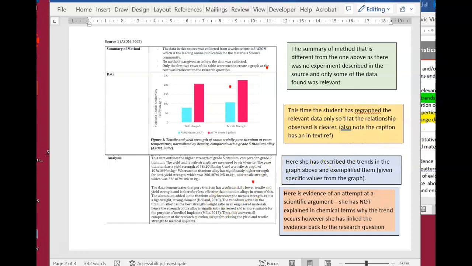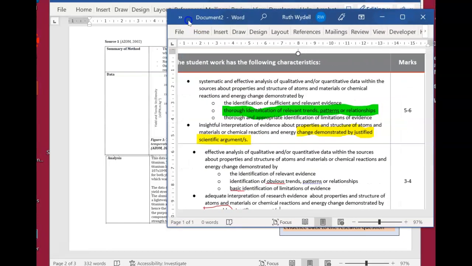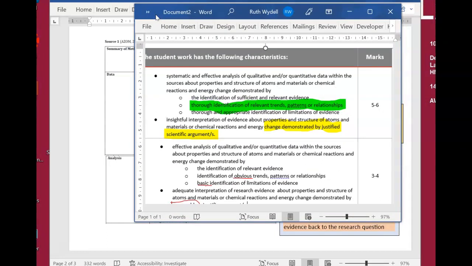Now, while we're on that, we'll just go to the marking criteria. So this is what we're looking at. Systematic and effective analysis of data demonstrated by thorough identification of relevant trends, patterns and relationships. Well, she's definitely done that.